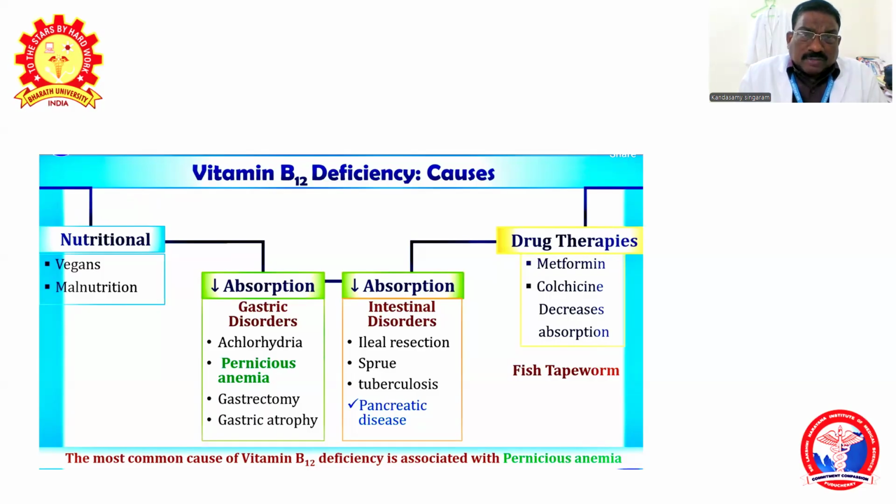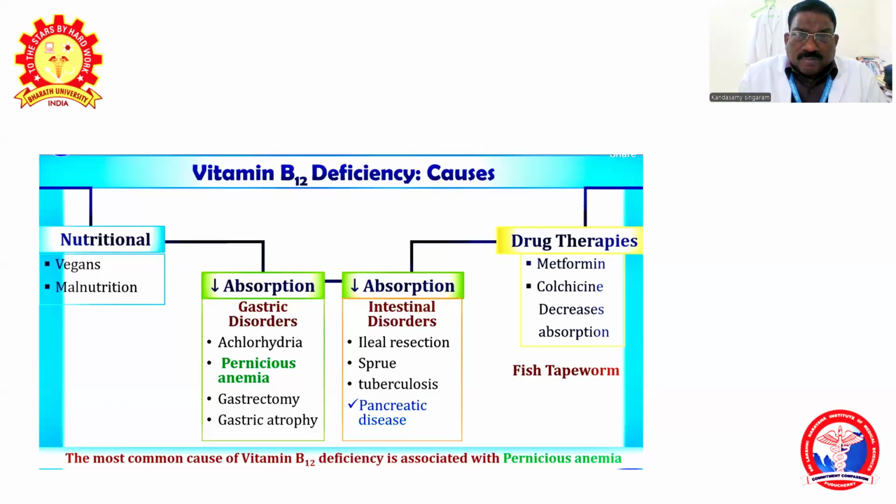Decreased absorption is also due to intestinal disorders like ileal resection, tropical sprue, tuberculosis, pancreatic disease. Drugs which compete for vitamin B12 are metformin and colchicine, which decrease the absorption of vitamin B12 in the intestine.